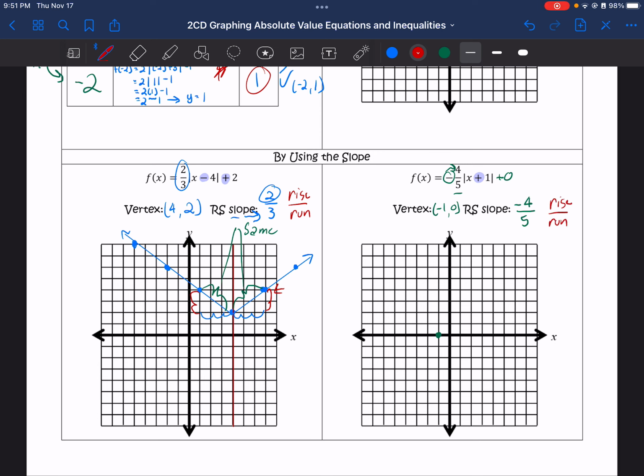So we're going to rise, or in this case, go down 4. We're going to go 1, 2, 3, 4. But our 5 is positive, so we're going to run to the right 5. 1, 2, 3, 4, 5. Giving us this point right here at (4, -4).